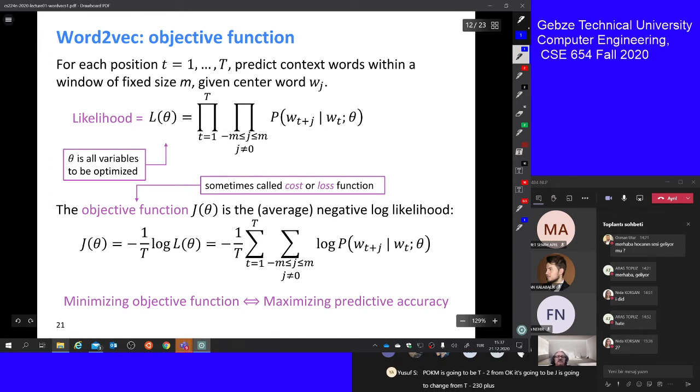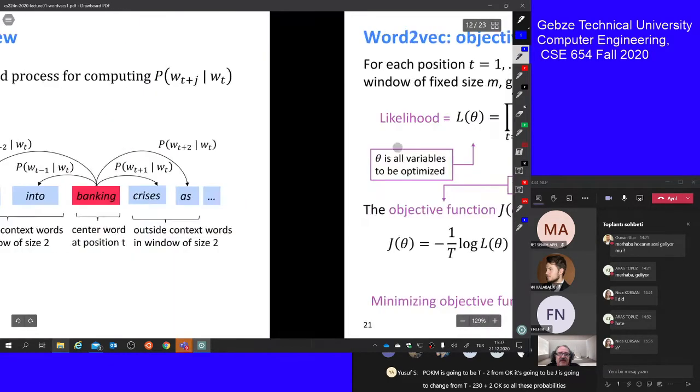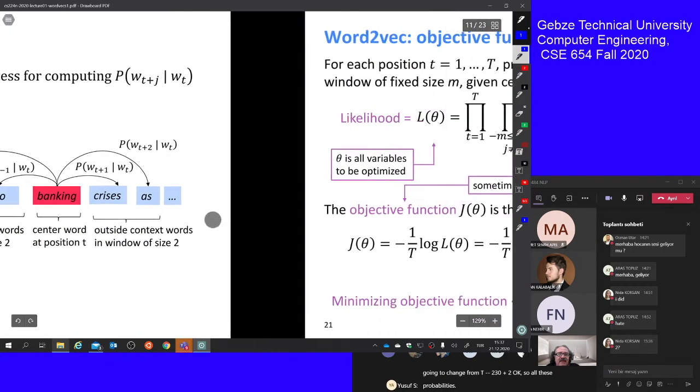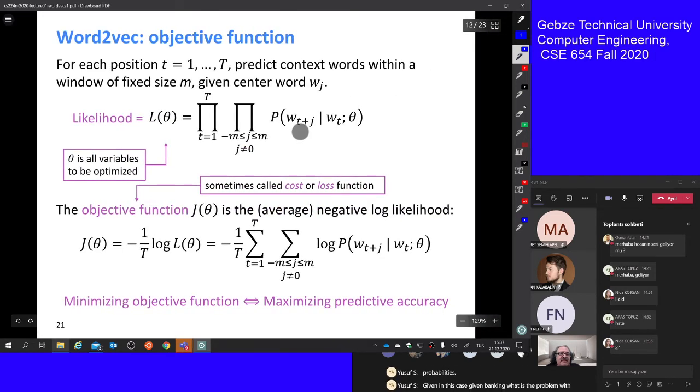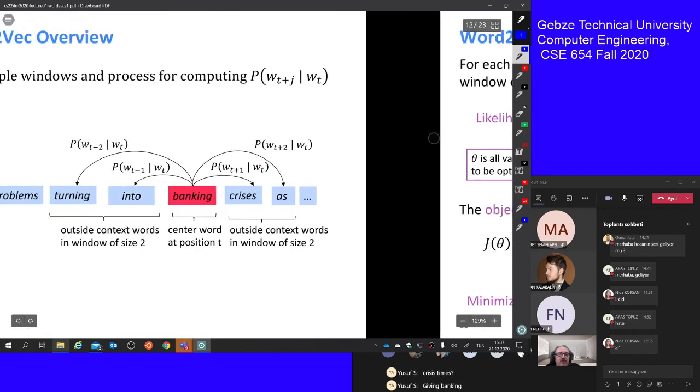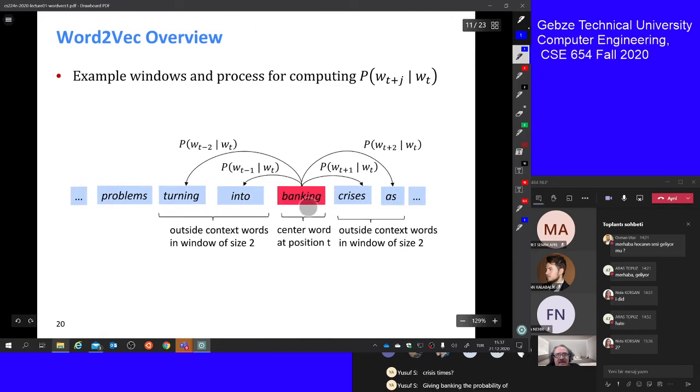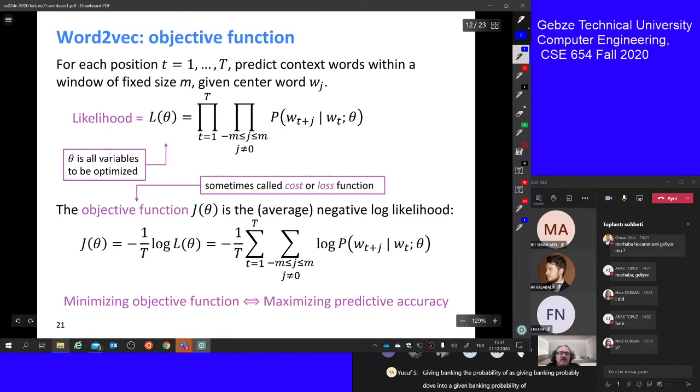So all these probabilities: given banking, what is the probability of crisis, times given banking the probability of as, given banking the probability of into, given banking the probability of turning. They all will be multiplied together.